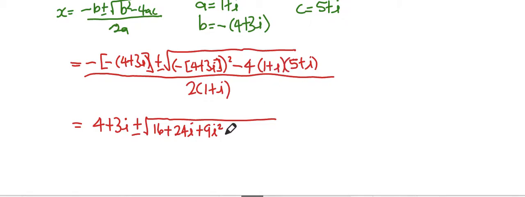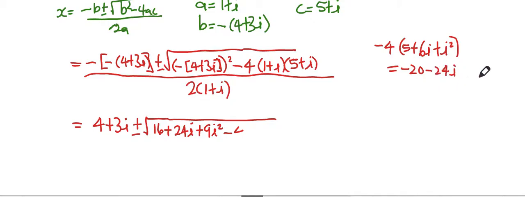And then what we have in the next part: we have negative 4. I'll do that separately. So negative 4 times (1 + i)(5 + i): 1 times 5 is 5, and then plus i plus 5i, so that is plus 6i, and then i². If I multiply this with minus 4, you have negative 20, negative 24i, negative 4i², and you know that i² equals negative 1.